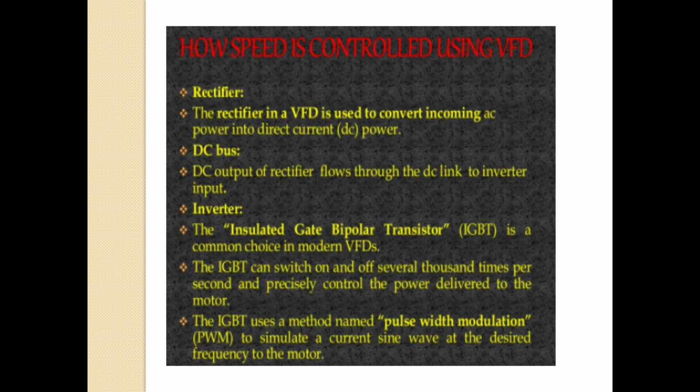It is only applicable below base speed. One curve indicates rated voltage and rated frequency with V by F constant. Two indicates reduced voltage and reduced frequency maintaining the V by F ratio constant. It is the most powerful method for induction motor.